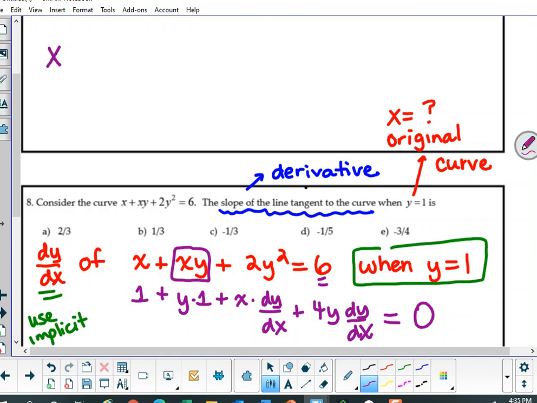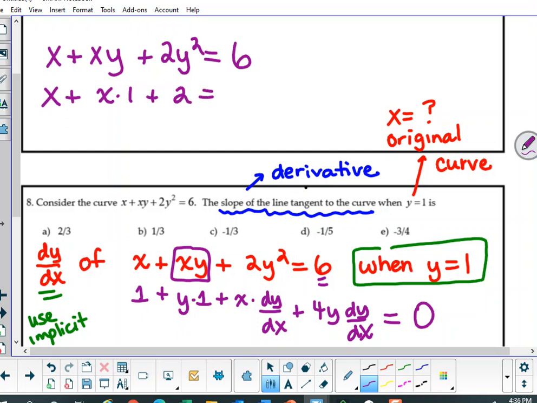So the original curve is x plus xy plus 2y squared equals 6. That means when y is 1, it's going to look something like this. X plus 2 equals 6.